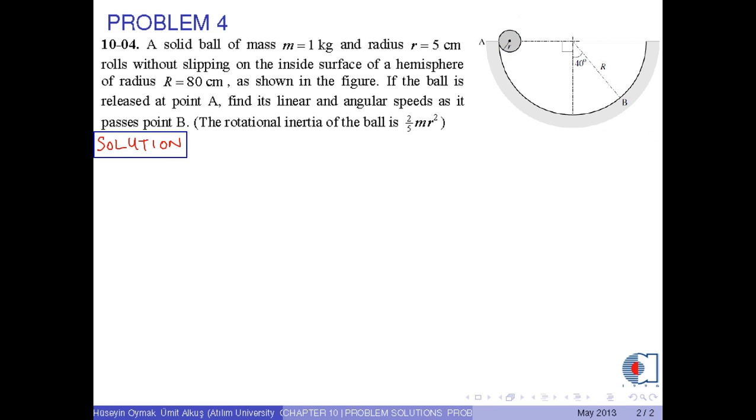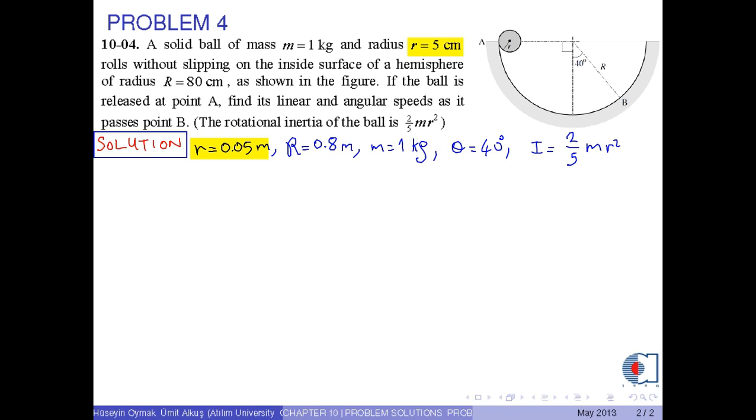Let's write the given quantities in SI units: radius r equals 5 centimeters, which is converted into meters as 0.05 meters, and the radius of the hemisphere, shown by capital R equals 80 centimeters, which is converted into meters as 0.8 meters, and mass is given by 1 kilogram.